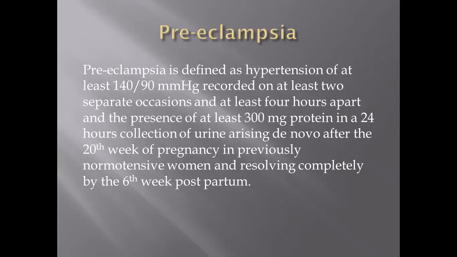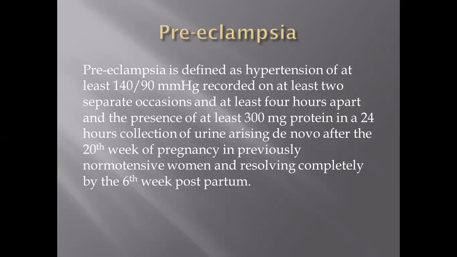It means that a single reading of blood pressure of 140 by 90 or more should not be labeled as preeclampsia, because of some tension the patient may have high blood pressure. So a single reading is not diagnostic of preeclampsia.